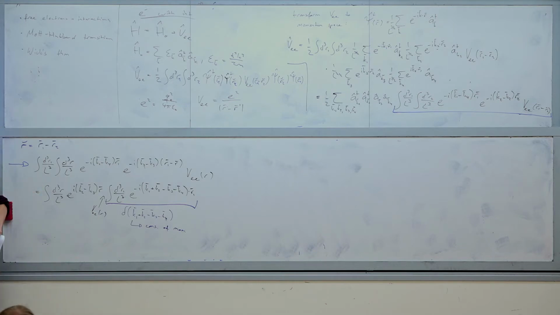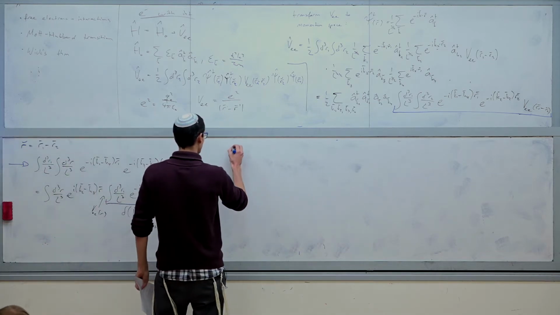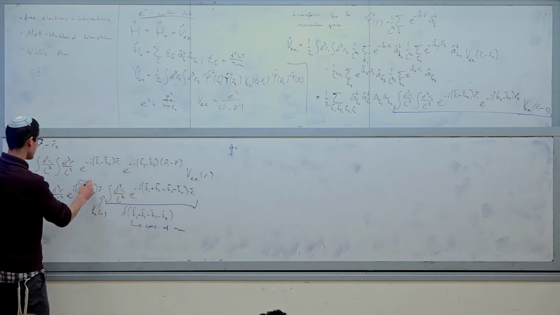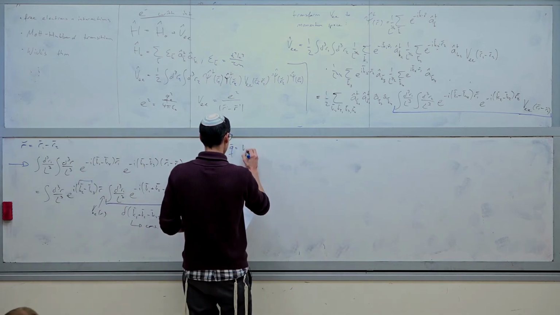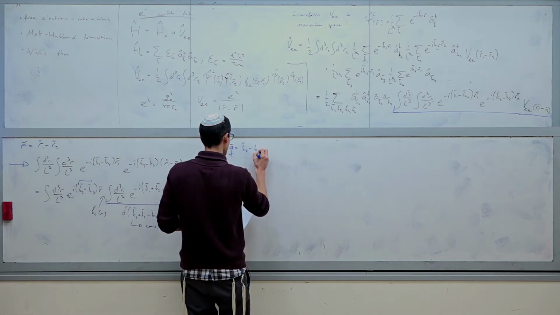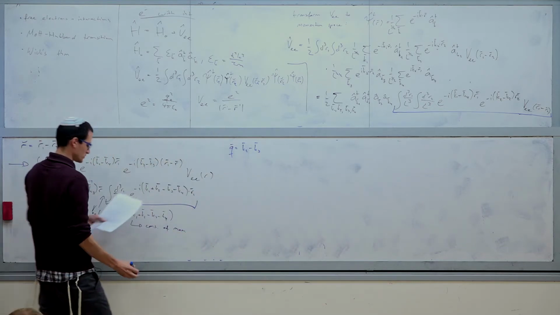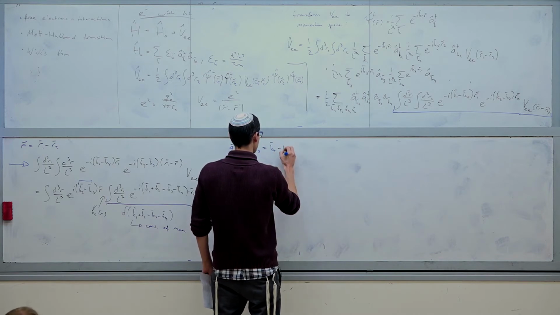So let's make another substitution. I'm going to denote by Q this difference here, K2 minus K3. And by means of this delta function, this is the same as K4 minus K1.